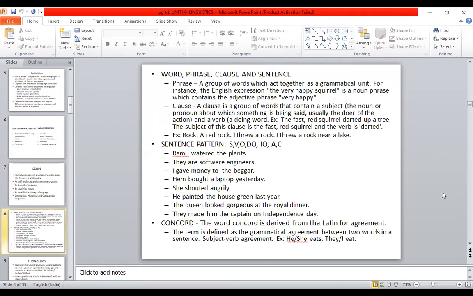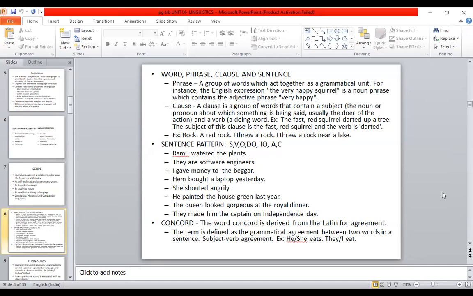So let's move to word, phrase, clause, and sentence. What is the difference between word, phrase, clause, and sentence? So what is a phrase? Now, I have given definitions for your reference. You may please take note of it if you want, because you might be asked questions. They would give you definitions, and they may give you some options to point out what it is.